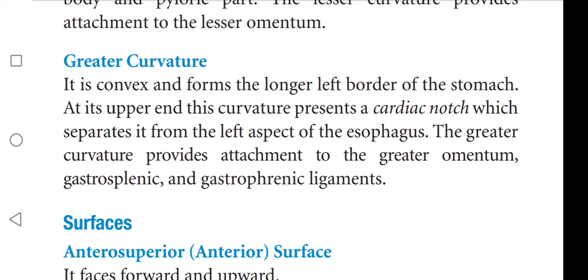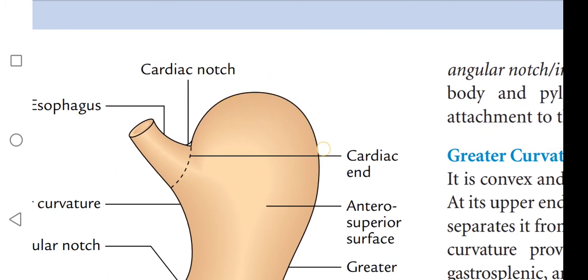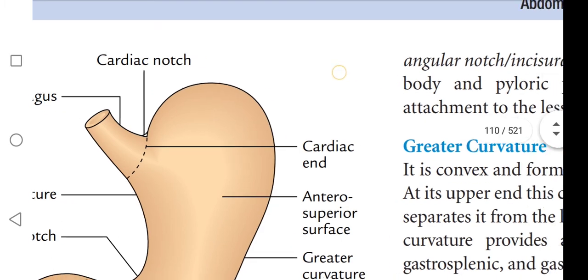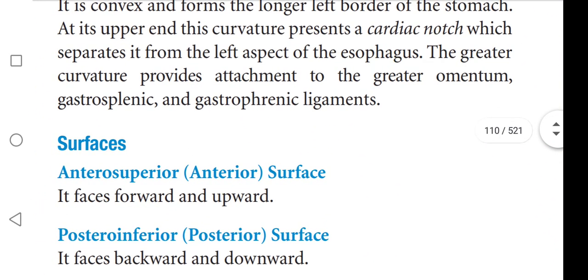If you see this diagram, the greater curvature forms the cardiac notch. The attachments to the greater curvature are the greater omentum, gastrosplenic and gastrophrenic ligaments.